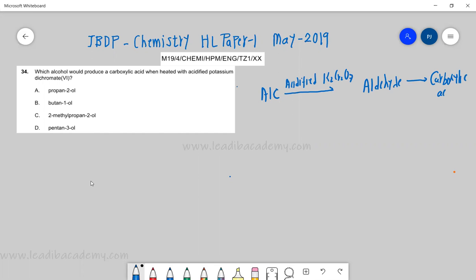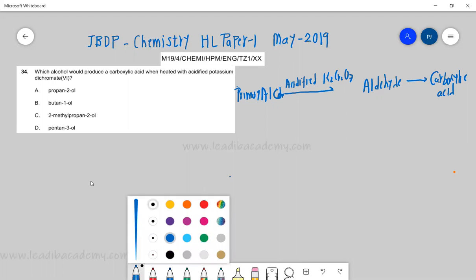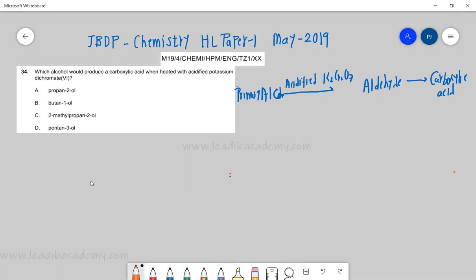But there is a condition that these alcohols need to be primary alcohols. So this is the very important condition, because primary alcohols can get completely oxidized to carboxylic acids.